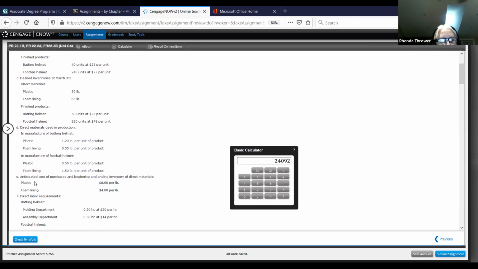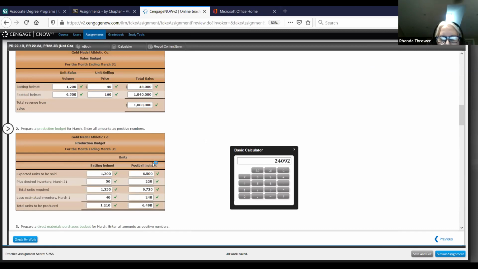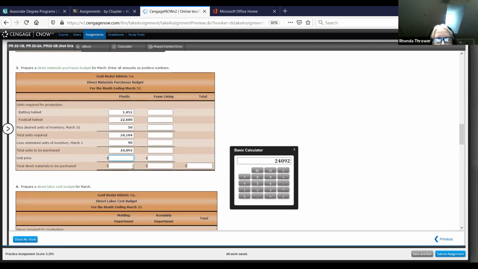Okay, that's in part E. Plastic is $6 per pound. So I'm going to multiply $6 per pound times 24,092 units. And that's going to give me 867,312 as the total direct materials units to be purchased.